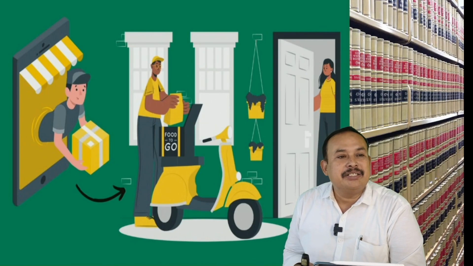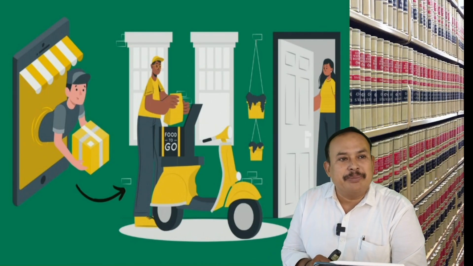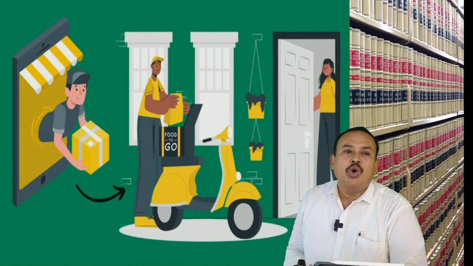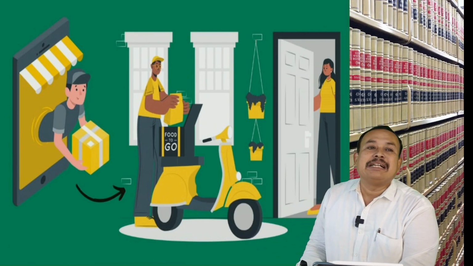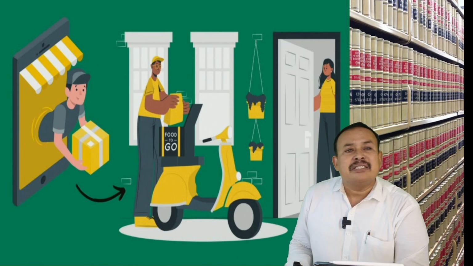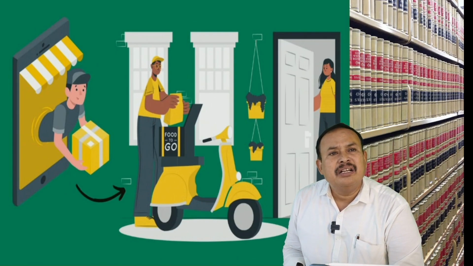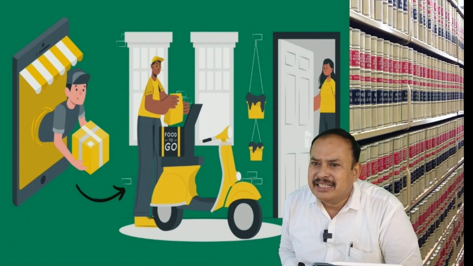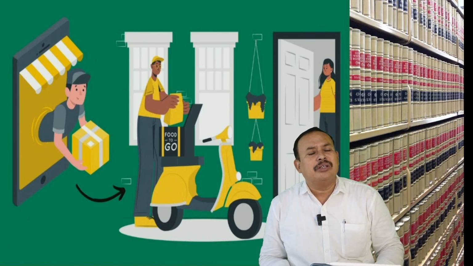In that case, he picks up that food from the restaurant and delivers it to the customer. Who did so? The e-commerce operator. That e-commerce operator only is liable to pay GST. Sir, for a stand-alone restaurant, registration is not required.